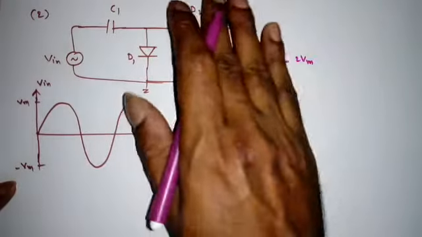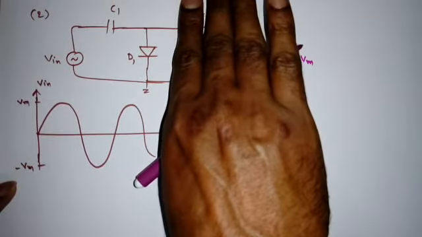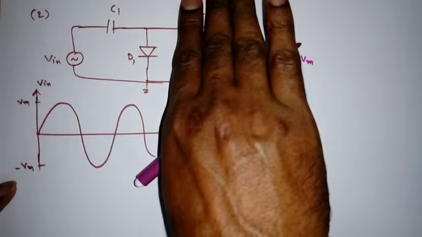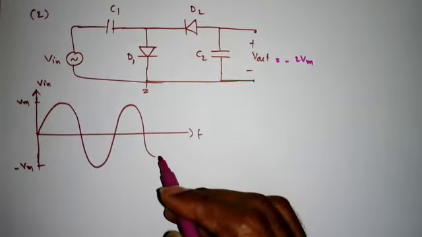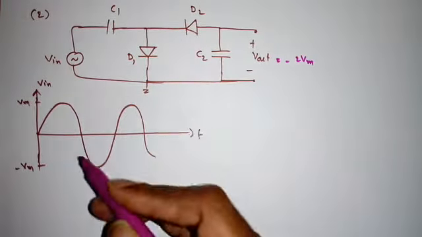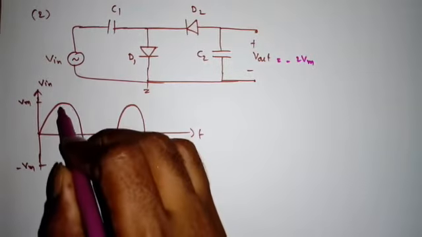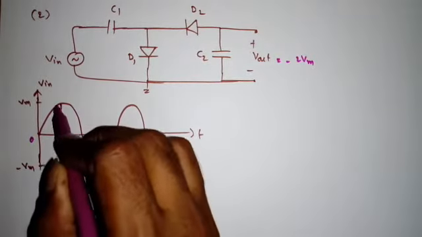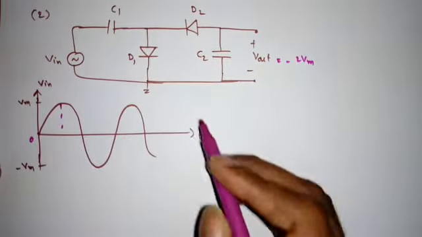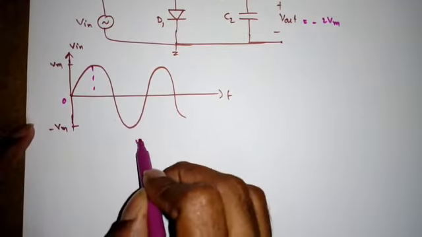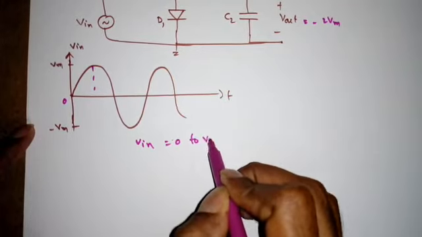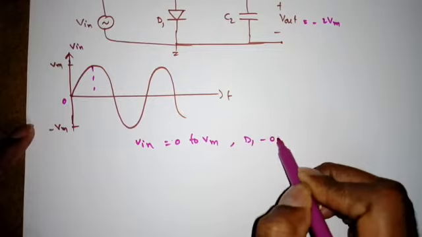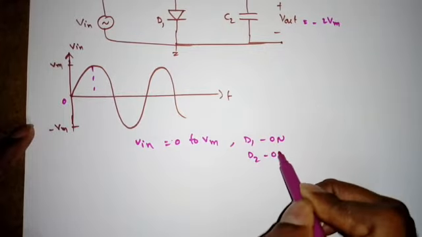So what is the procedure? Very simple. If we remove this part of the circuit, this is a simple negative clamper. Then if I connect this part, it will detect the peak. So the procedure is very simple: from 0 to Vm, the diode D1 will be on, and D2 off.